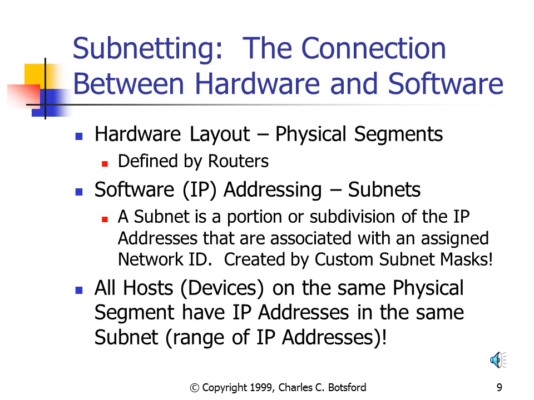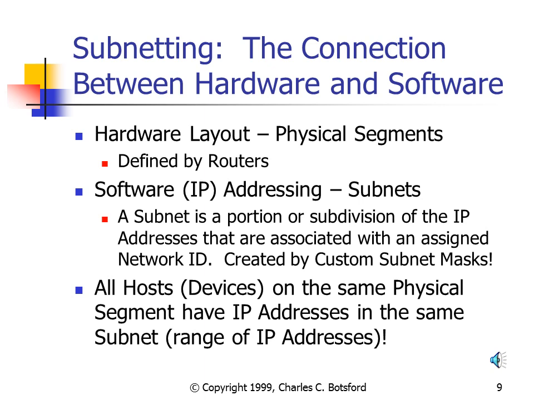So the hardware is the physical setup of the network. The software is the IP addressing, or the subnets, because a subnet is the portion or a subdivision of the IP addresses that are associated with an assigned network ID. And the payoff here is that all hosts or all devices on the same physical segment have IP addresses in the same subnet.